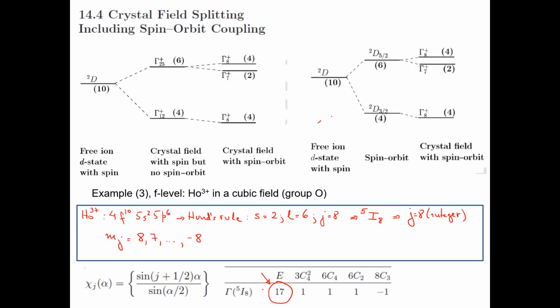This is the dimensionality of this representation, and I can actually decompose that, and after we do that, this gives me a Γ1 plus 2 Γ12 plus 2 Γ15. This is the O group, right? Plus 2 Γ25.